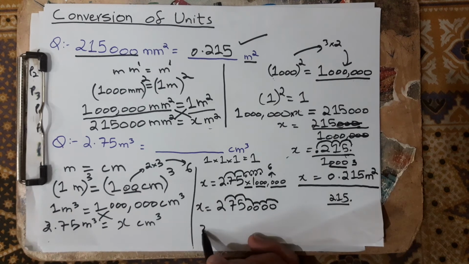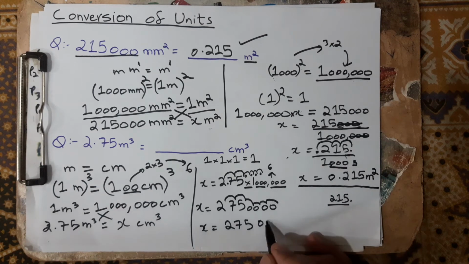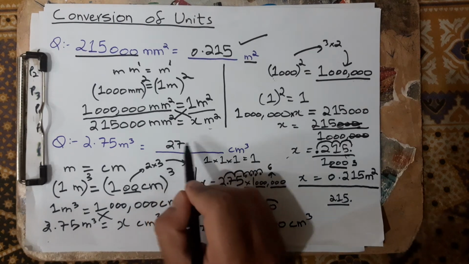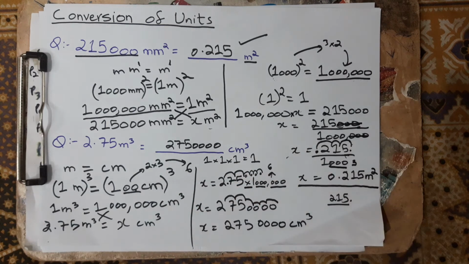So now you got the right answer, which is 2,750,000 centimeter cube. You can now write it down in your blank as your final answer. This is the right answer.